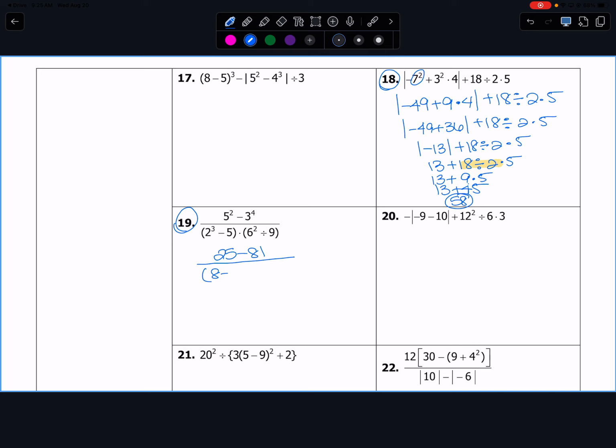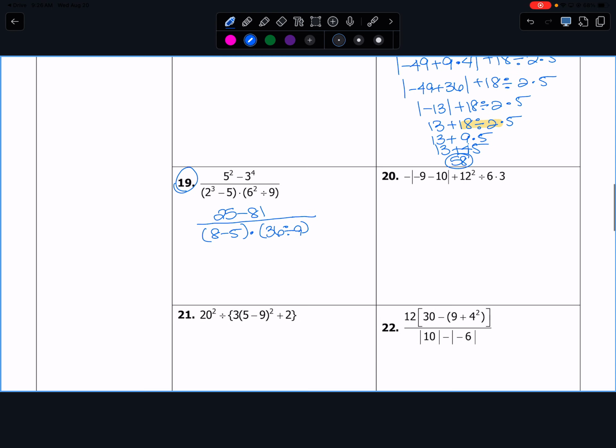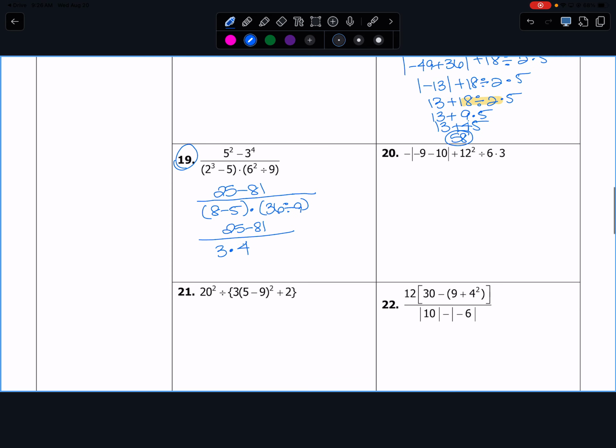My bottom is 8 minus 5 times 36 divided by 9. 25 minus 81. I have 3 times 36 divided by 9, which is 4. So I get -56 over 12.